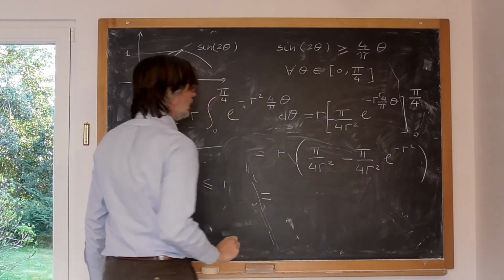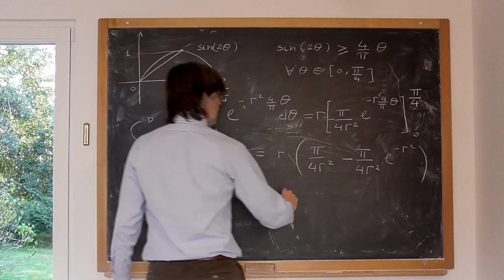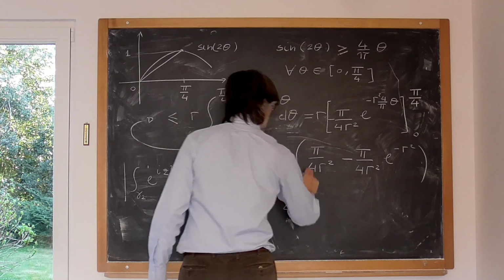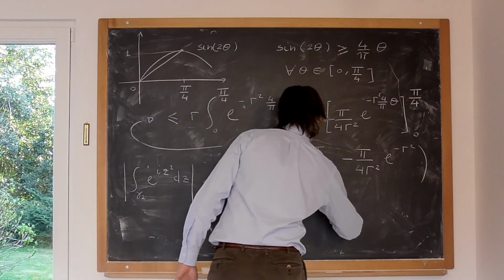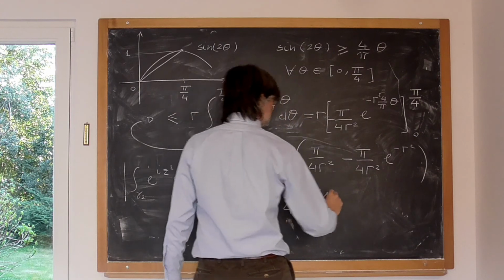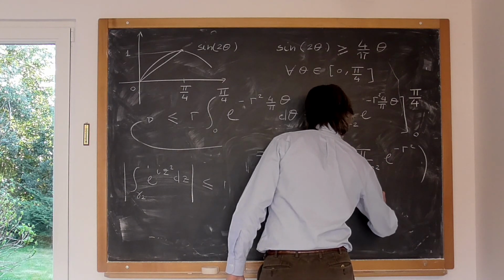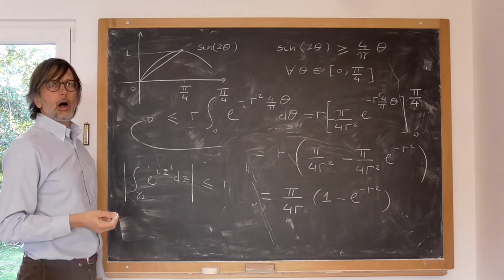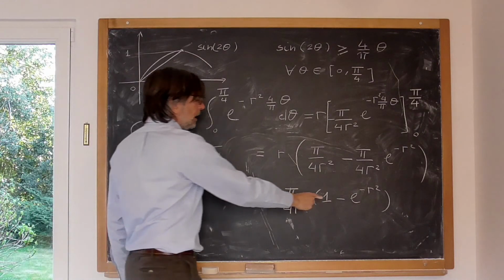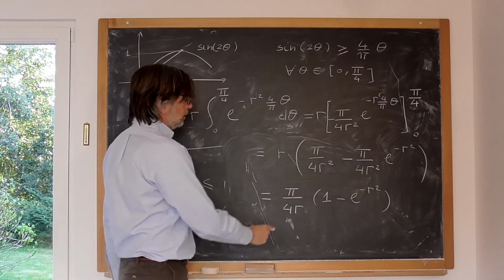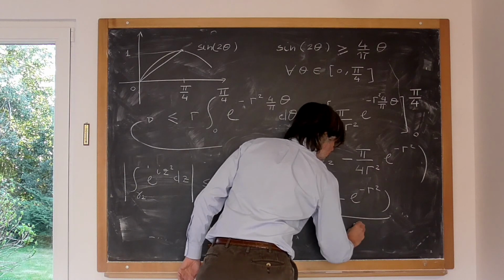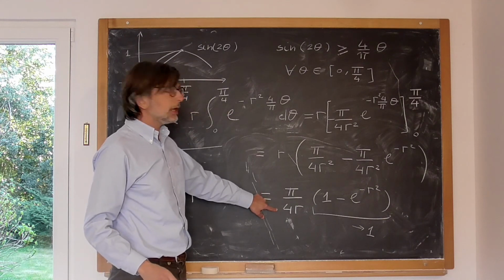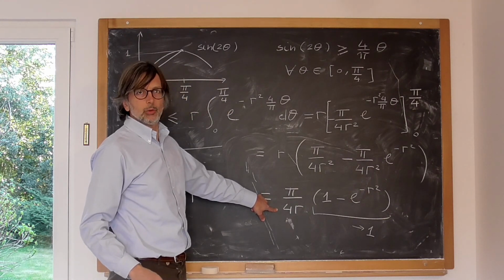In total, this is pi divided by 4r, multiplying 1 minus e to the minus r squared. Now, when r goes to infinity, this exponential goes to 0, so this quantity converges to 1, but this is multiplied by pi divided by 4r, which is going to 0.